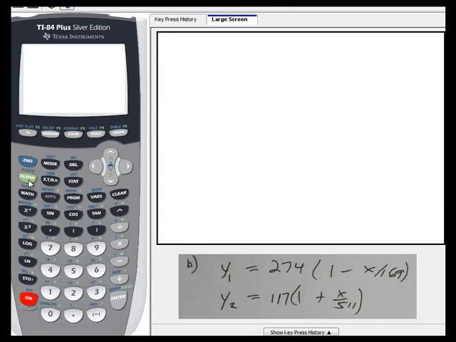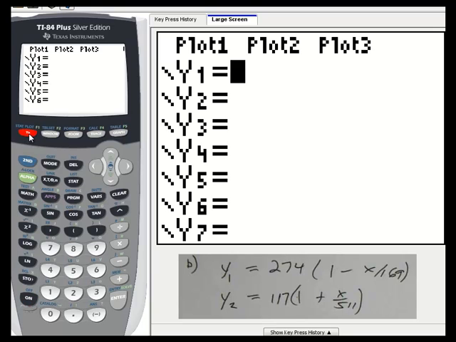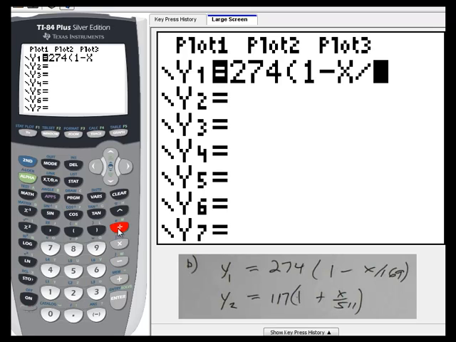Okay, calculator's turned on. Let's go first to the y equals edit screen. Here in y1, we record just what we have developed, and that is y1 is going to be 274 parenthesis 1 minus x divided by 169.